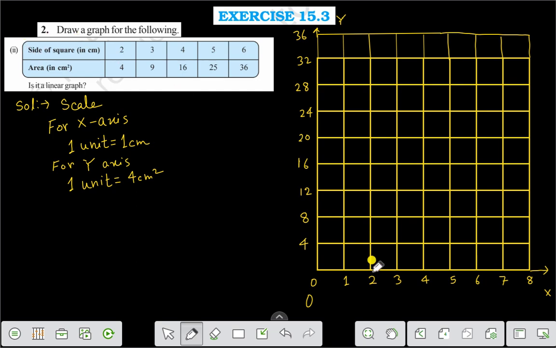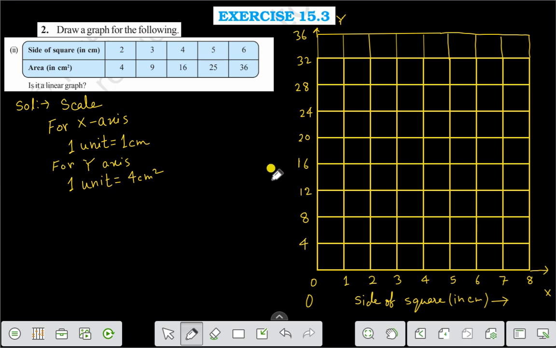Now the side of the square in centimeters, that is the x axis. And here you see, this is the y axis.